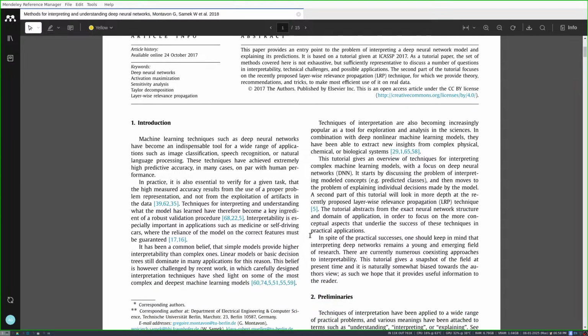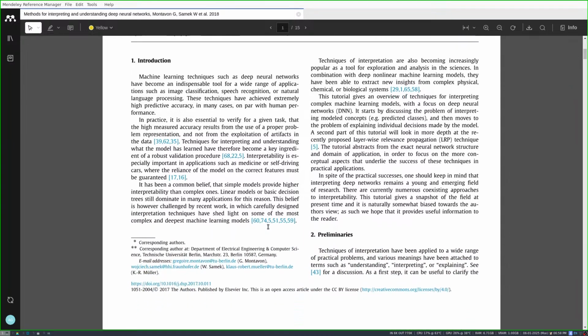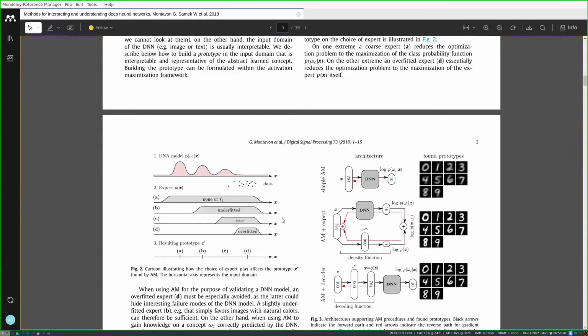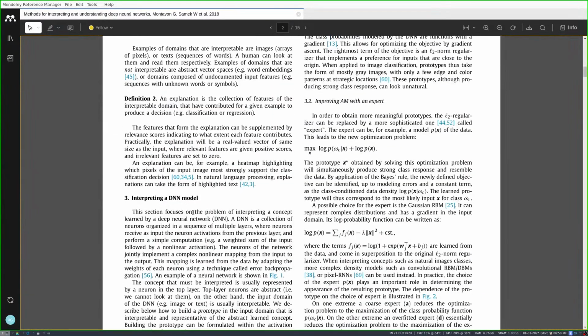Okay, introduction. We have the introduction. Preliminaries. Example of a neural network composed of many interconnected neurons and that assigns to an input X the probability of being associated with a certain concept W. Interpreting a deep neural network, improving AM with an expert.